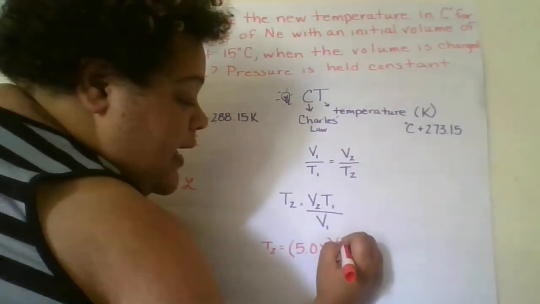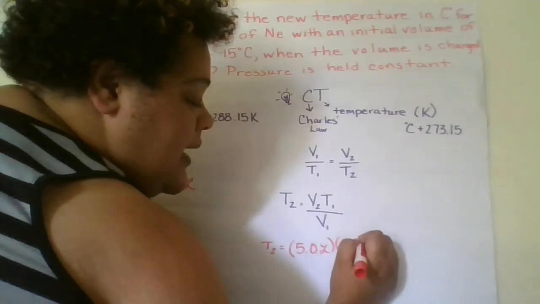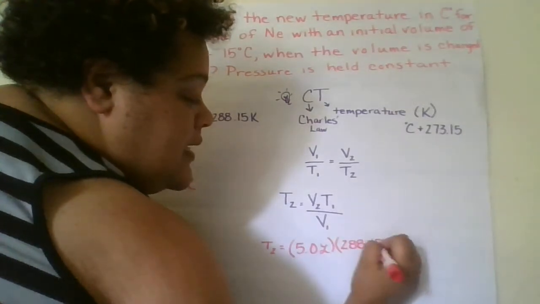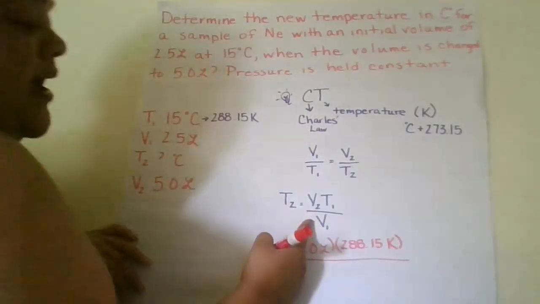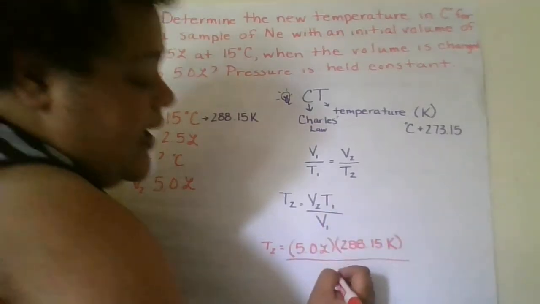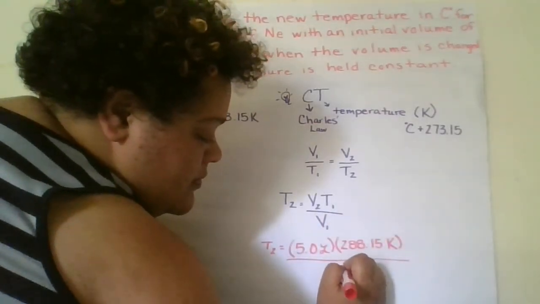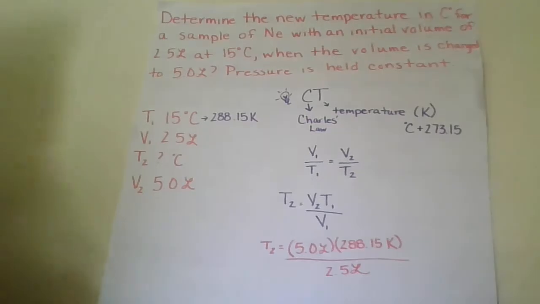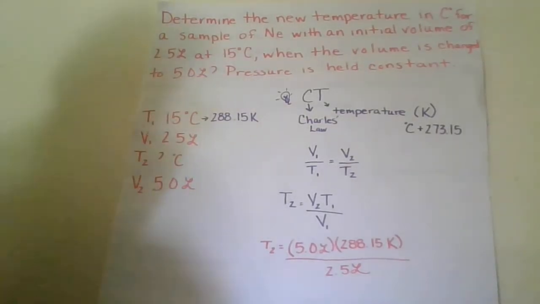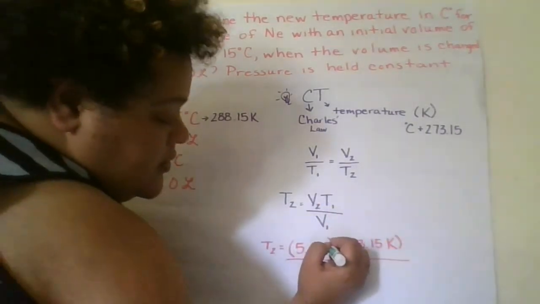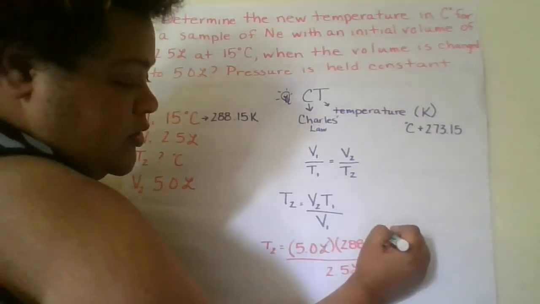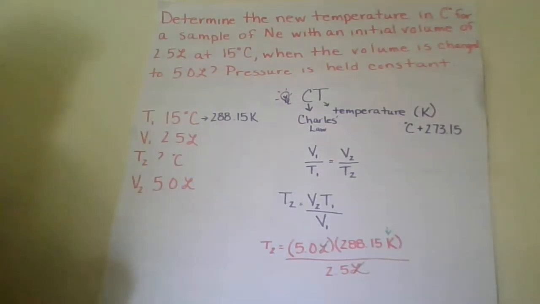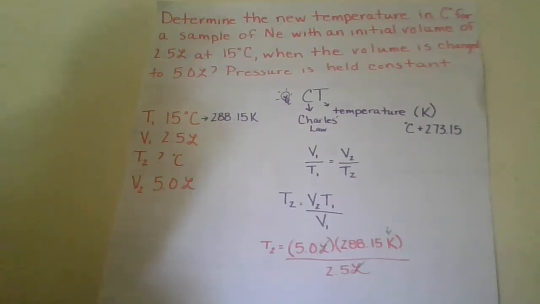So now we'll multiply that by 288.15 Kelvin divided by our first volume, which is 2.5 liters. Once again, we're going to cross out our like terms. So liters and liters is left, and we're actually solving for a temperature. Kelvin is a unit of temperature, so we know we are going in the right direction.